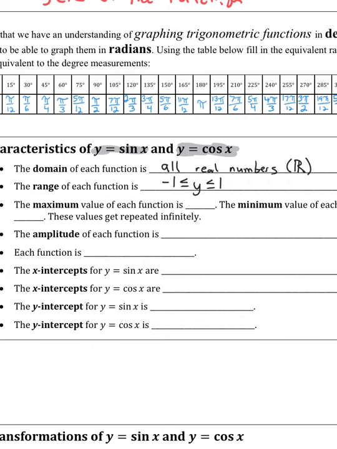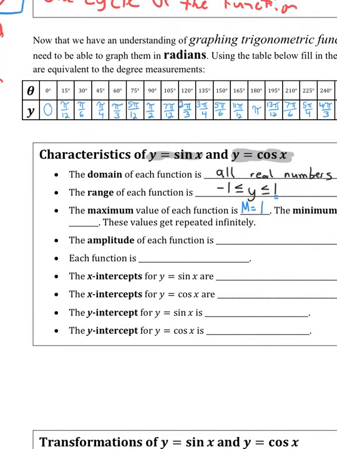Okay? But for right now, the parent function's -1 to 1. The maximum value of each function, that's 1. It's going to be represented by capital M, and it's just 1. That's the top of the range. And the minimum value is going to be represented by lowercase m, and that's -1.